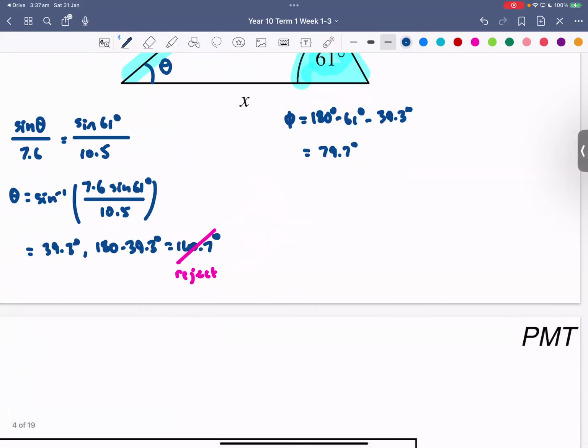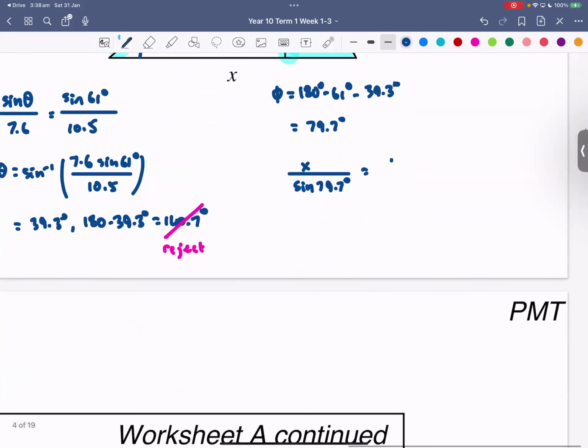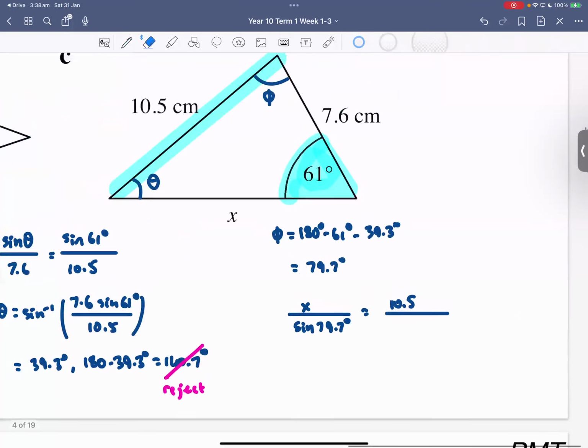So, x divided by sine 79.7 equals, and I need an angle and the opposite side, so 10.5 and 61 degrees, for example, equals 10.5 divided by sine 61 degrees.